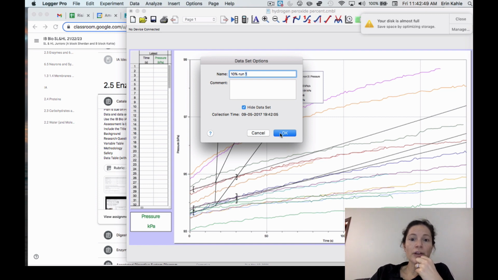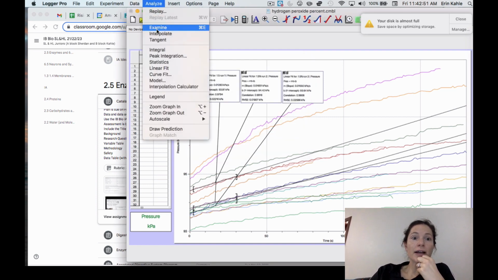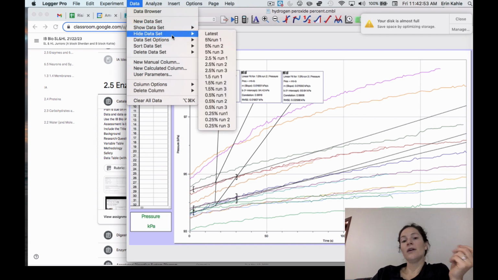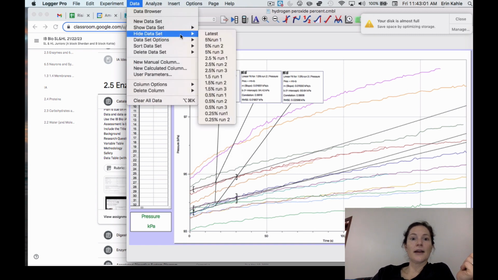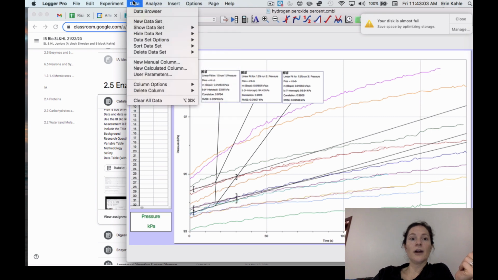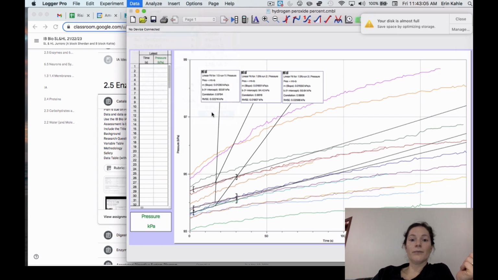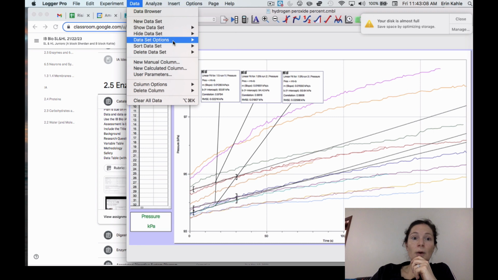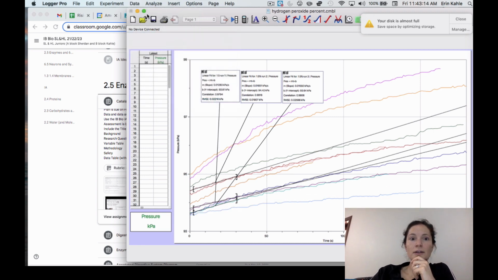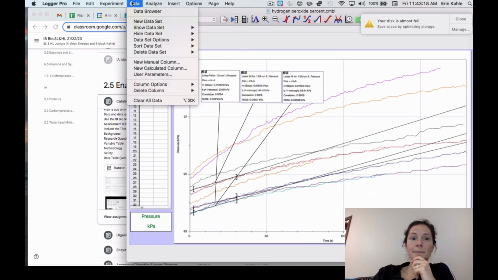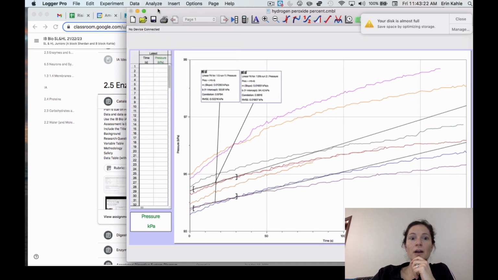But the other thing you can do here is hide everything for the screenshot of my data, except maybe my 5%. So I can start hiding these, and then these will disappear. I might want to just show one. I don't know if there's a way to do this faster, and then you can do show data sets. I want to put some more up there. All right, that seems good enough for now.